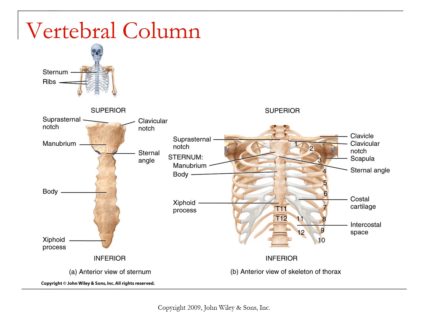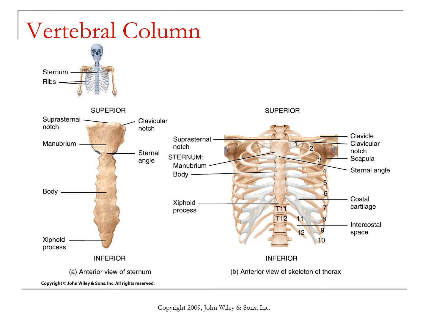And hopefully from this diagram you can see why the sternum is classified as a flat bone. Now in the diagram on the right, we can see that the sternum lies medially and articulates with most of the ribs through costal cartilage anteriorly, while the ribs curve around posteriorly to articulate with their corresponding thoracic vertebrae.